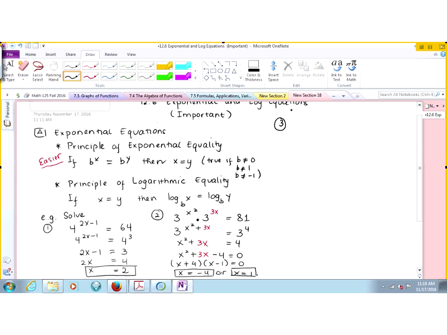Easy? Okay. So now, number 3. What about this? 5 to the negative 3x is equal to 1 over 5 to the 4. Can I write them using the same base? What's the base? 5. So 5 to the negative 3x.